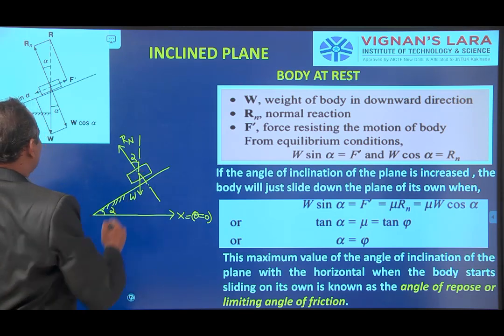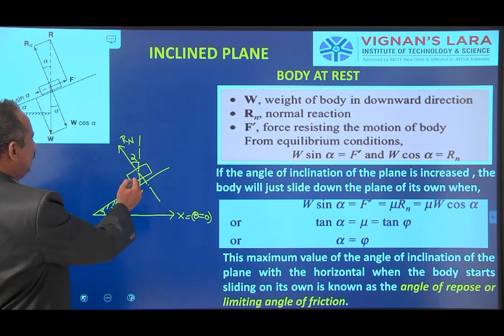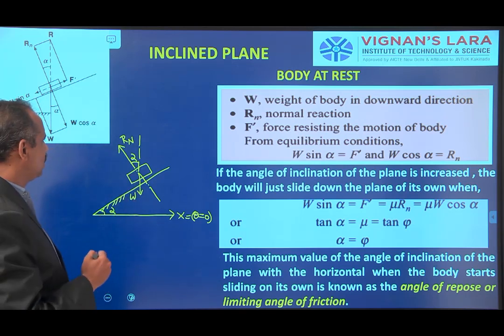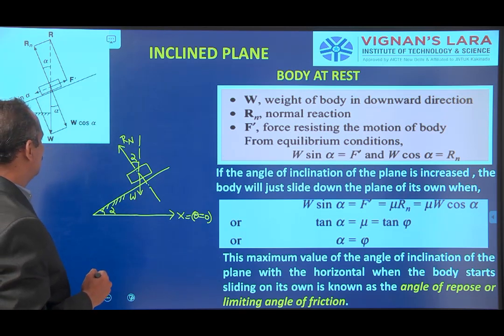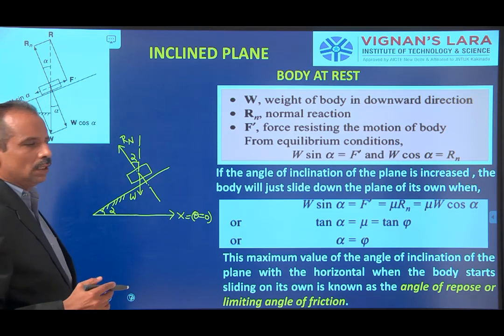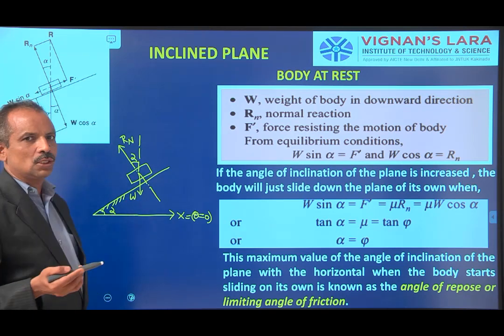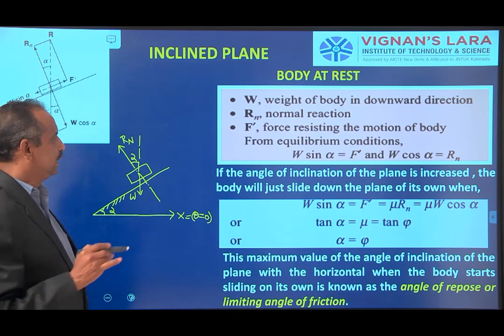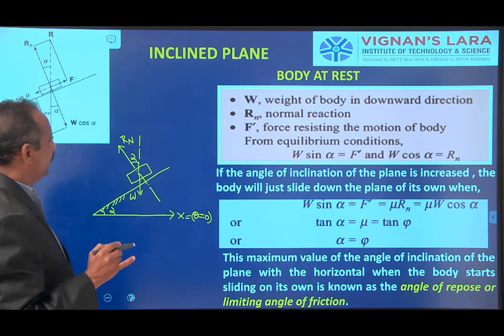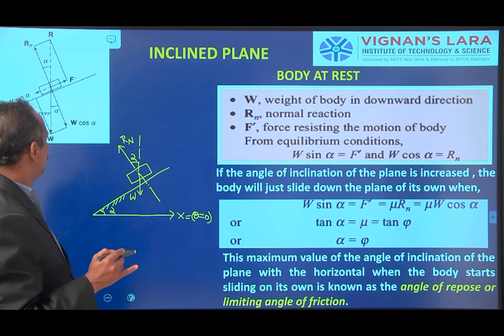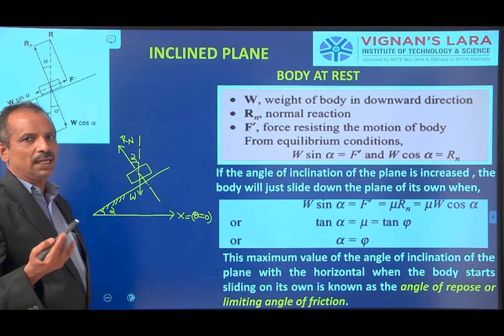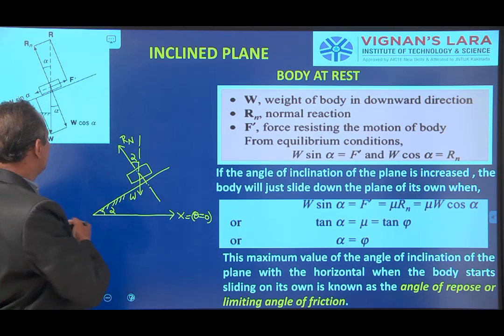So the body is here, and W is the self weight acting vertically downward. The body tries to move down, but at this moment I am saying it is not moving down. In case you don't apply an external force, it tries to move down.